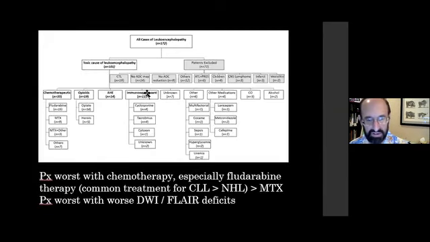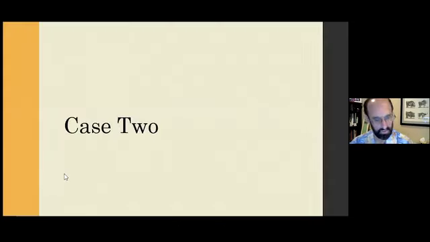And here's just some of the list of the drugs that can cause toxic leukoencephalopathy. You have fludarabine or Fludara, methotrexate, other medications, opiates, heroin, etc. And this is from that article in February 2019. So with that, let's move on to case number 2.